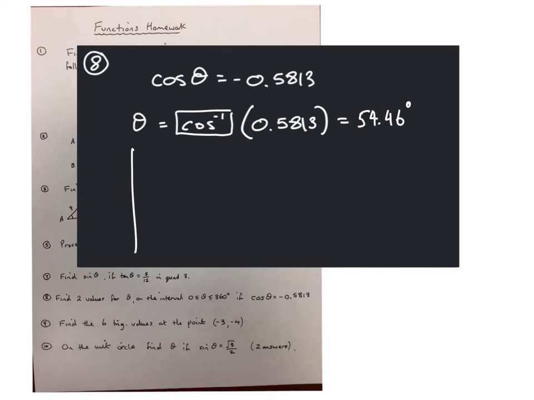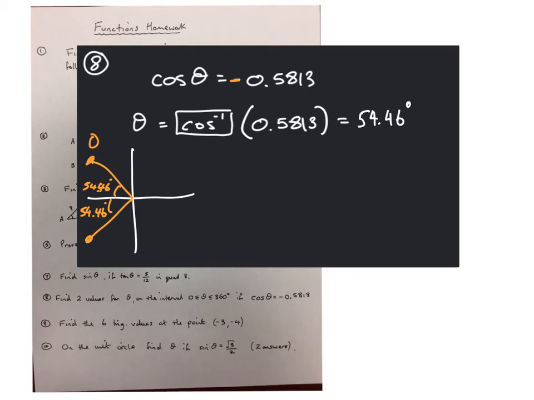And we know that cos is negative in quadrants 2 and 3. So here and here, and both of these angles equal 54.46.